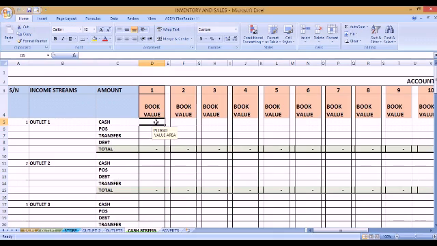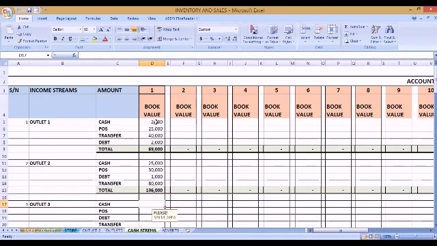So now, let's say in outlet 1, they make cash sales of 20,000, POS 25,000, and 40,000 transfer, maybe debt of 2,000 naira. In outlet 2, they do cash of 25,000, POS 30,000, debt of 1,000, and maybe transfer of 8,000.